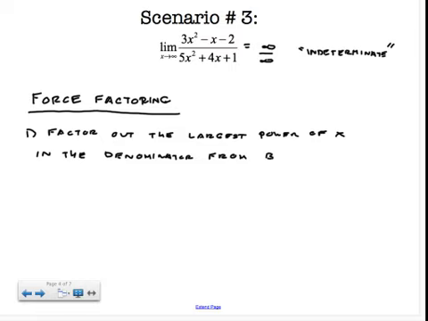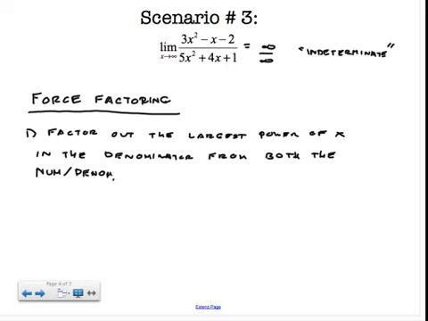Okay, that's a legal move. It's like dividing the top and the bottom by the same number. So I'm not just doing something to one part of the fraction. Okay, I'm going to abbreviate numerator and denominator here for time's sake.